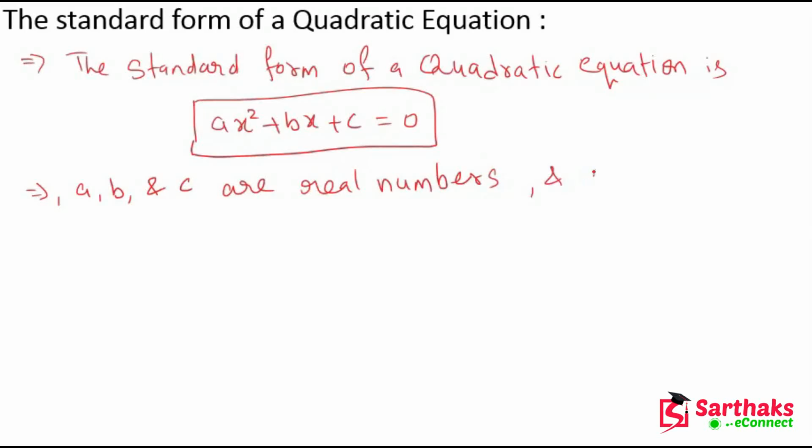And most important again, a is not equal to 0. If a becomes 0, then this quadratic equation will become a linear equation, because if we put a equal to 0 this term becomes 0, and we get bx plus c, which is a linear equation. I hope you understand the concept of this part.